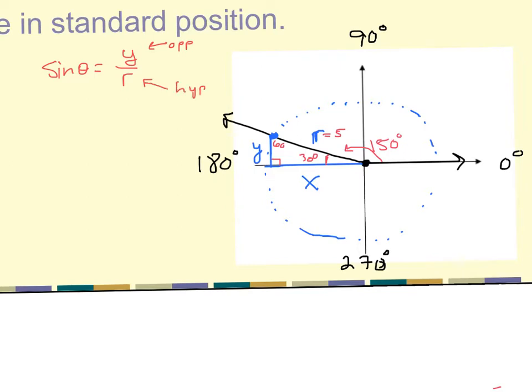So let me put the information that I have in. Sine of 30 degrees is equal to y over 5. So if I cross multiply, 5 times sine of 30 degrees is equal to y.